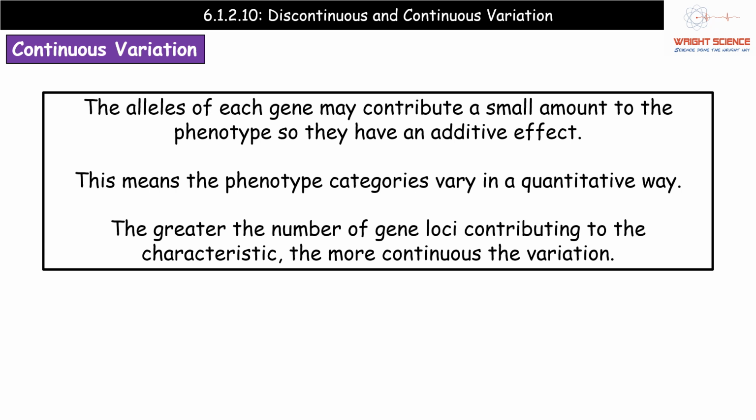So what we find is that the more gene loci we have that contribute to a given characteristic, the more continuous the variation becomes, because each of those individual gene loci gives that little difference. If we've got lots and lots of gene loci, they're all giving very small differences, and therefore when we look at the variation that we end up with, it becomes more continuous. There's just smaller differences from one category to the next.